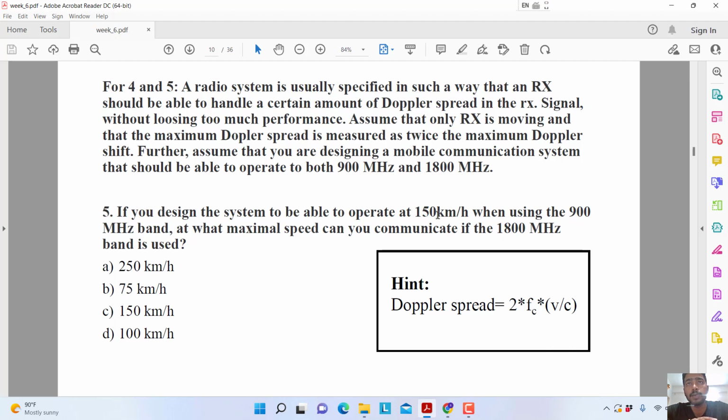So firstly, using the given values 150 km per hour and 900 megahertz, you can get the Doppler spread, and after that you can calculate the maximum speed for 1800 megahertz. So guys, try it. Firstly, try to find the value of the Doppler spread for 900 megahertz.